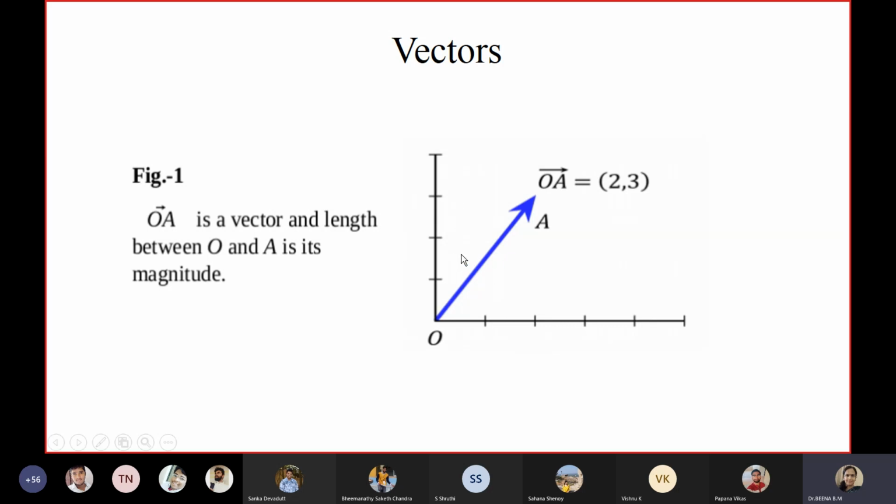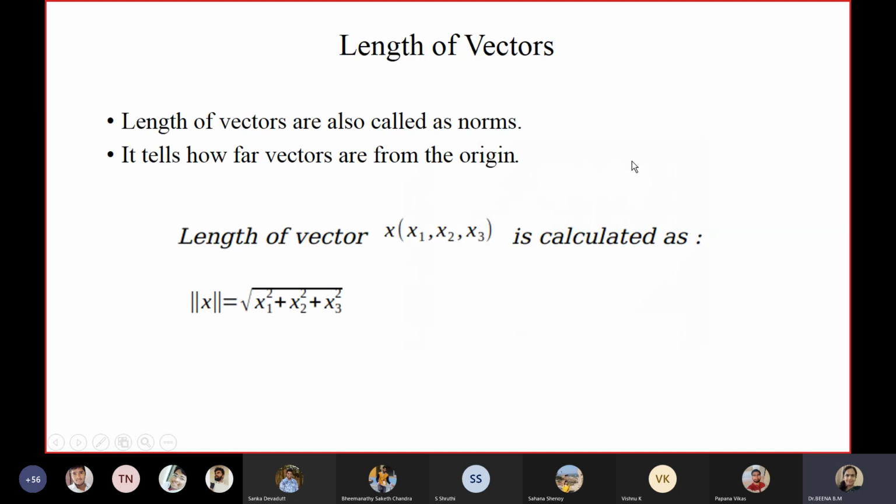A point in the 2D plane can be represented as a vector between the origin and the point. Here OA, what is this? It's a vector, and the length between O and A is its magnitude. The length of a vector is also called its norm.